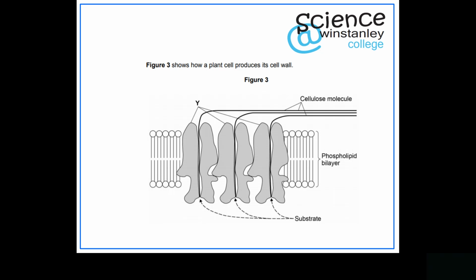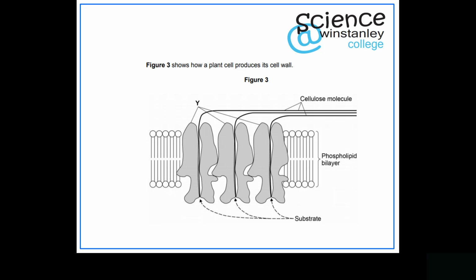The next bit of the question is beginning to link different topics together. So the picture shows you this. It's a phospholipid bilayer with big things stuck in there. And the big things have to be proteins because we've learned the fluid mosaic model of a membrane. So we know that there must be some kind of channel or a carrier protein.